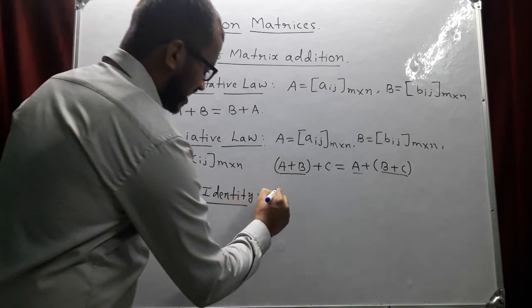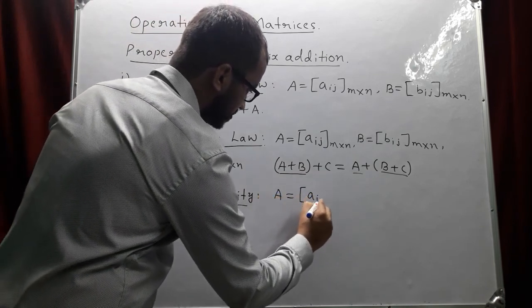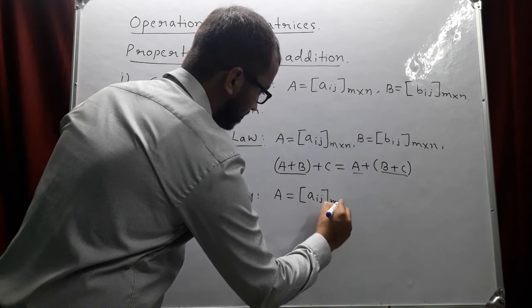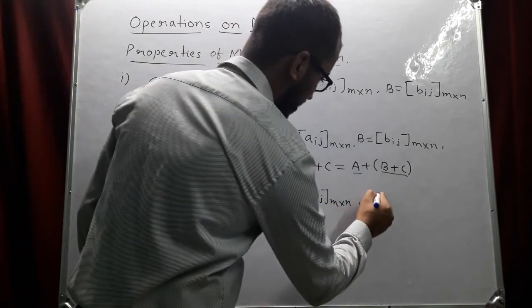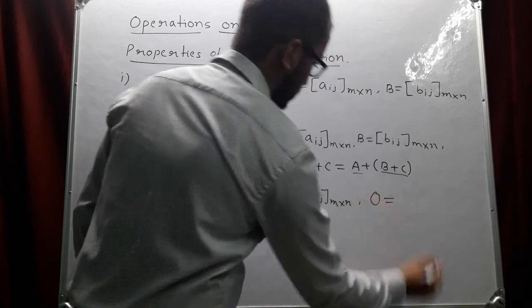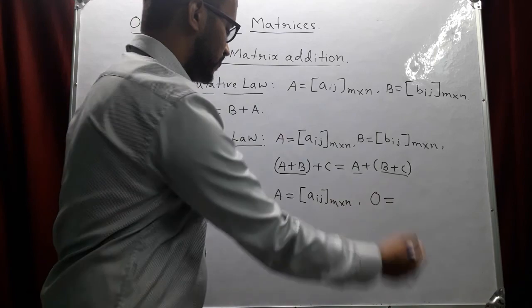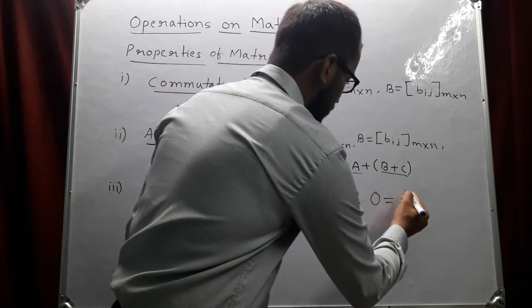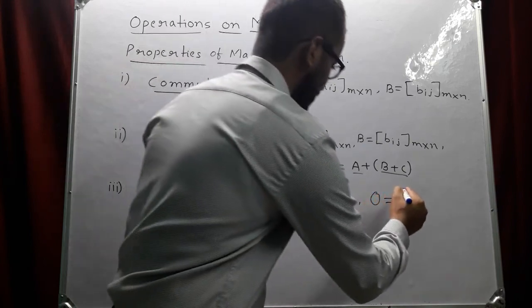Consider any matrix A of the order m by n. Then there exists a null matrix, which we denote by O, meaning all the elements of this matrix are 0.